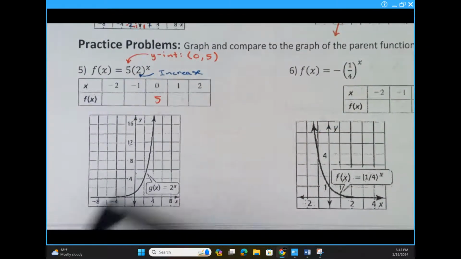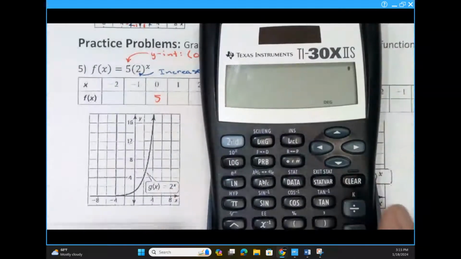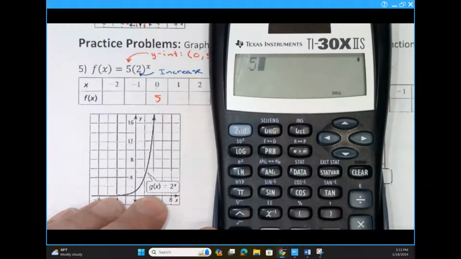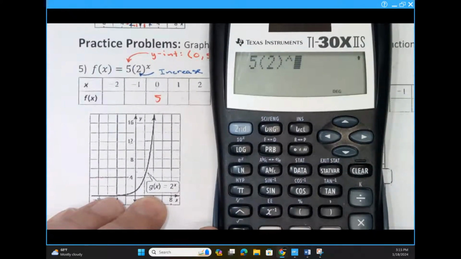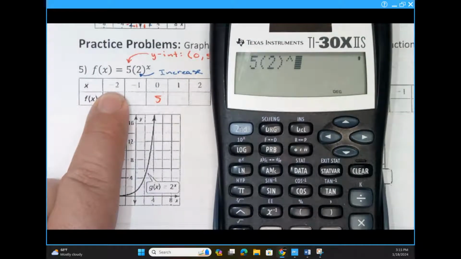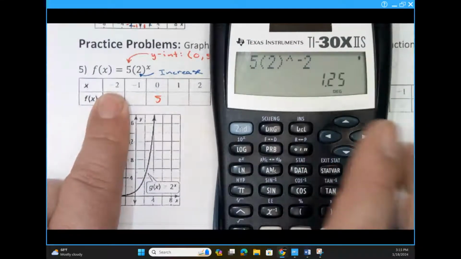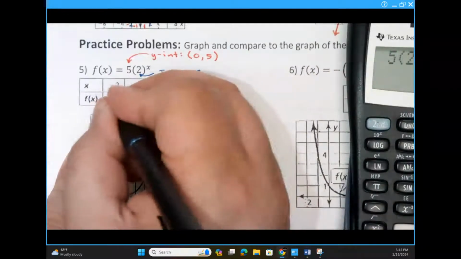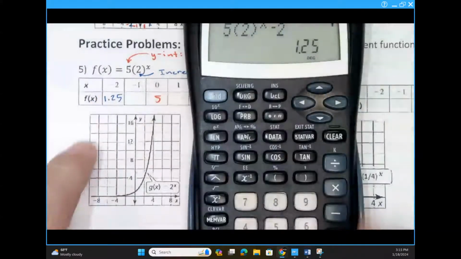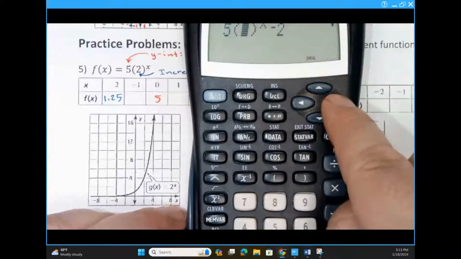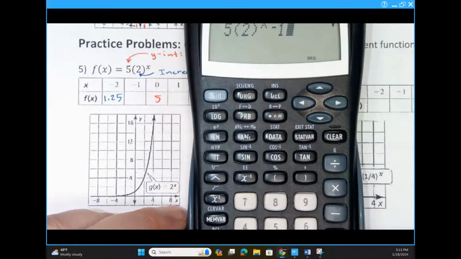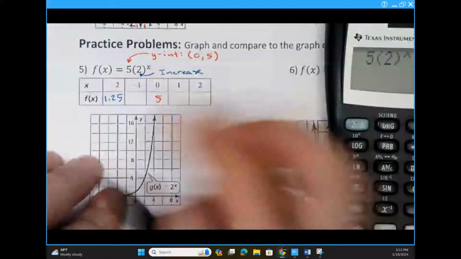In fact, look, let's just do one more. Calculator ready. All right, here we go. 5, parentheses, 2, power. All right, here it is. Negative 2. 1.25. Okay, 1.25. Now we're going to go back up. Change the negative 2 to a negative 1. 2.5. Okay, 2.5.